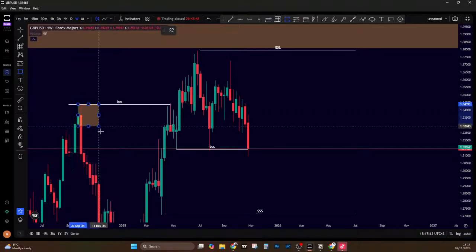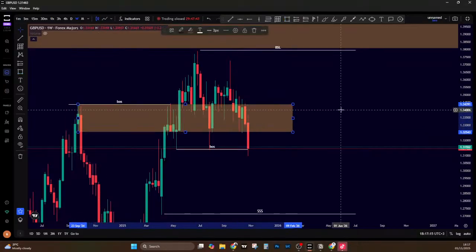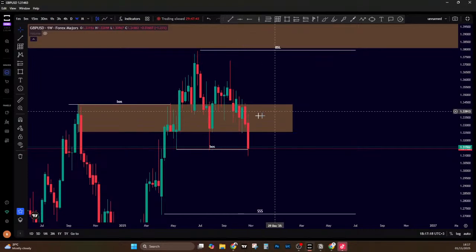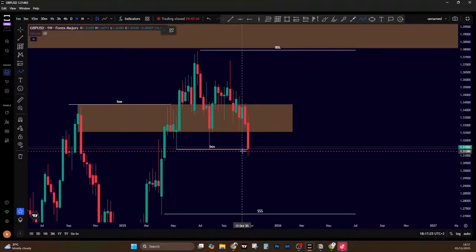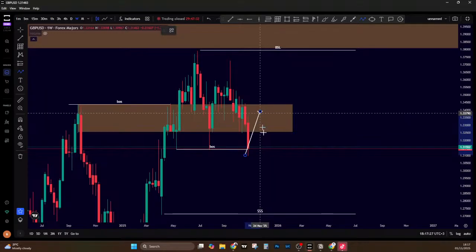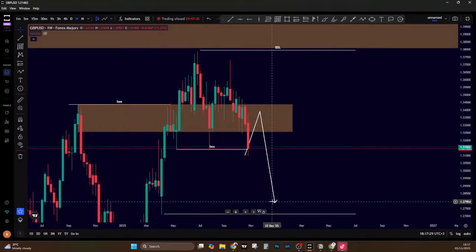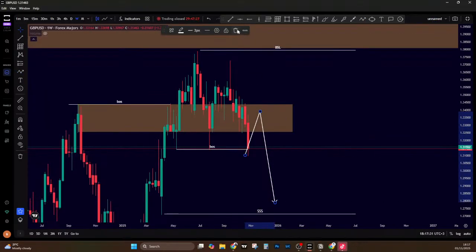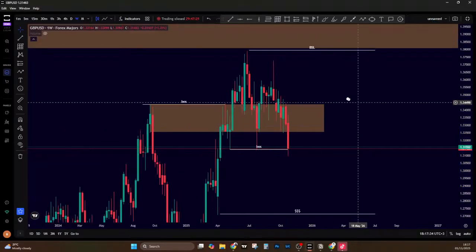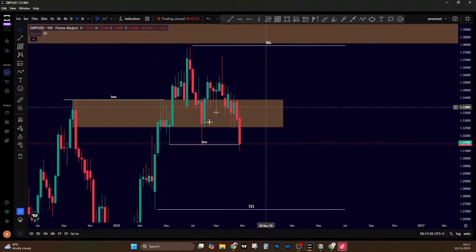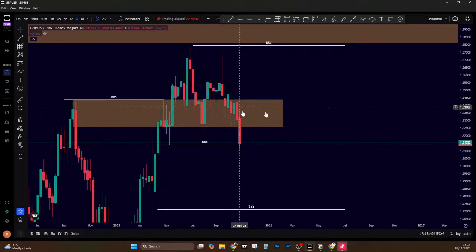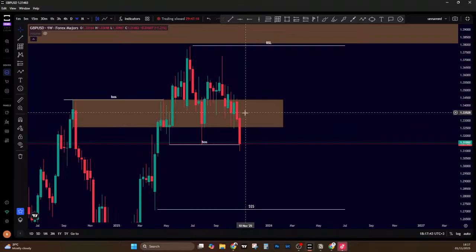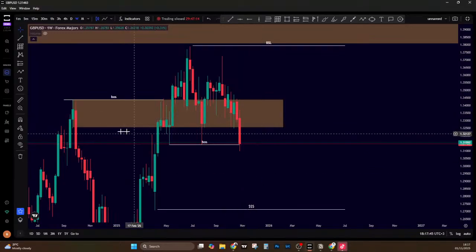If you can see this breaker block, we try to look for anything that is around this area, because we want to look for a retest move. Okay, we need to see a retest, and then the market continues going down. So that is where I'll be looking at refining that zone, so that we can look for a sell.